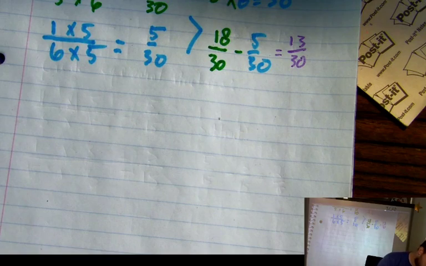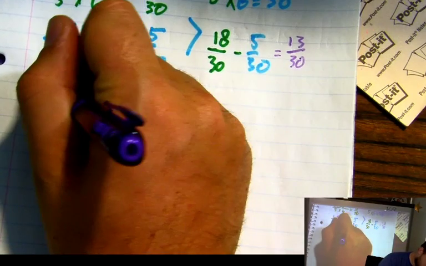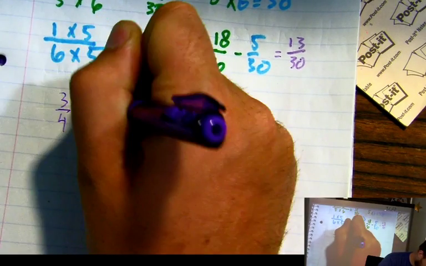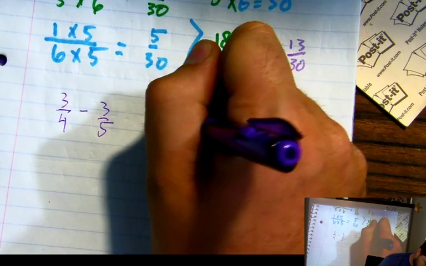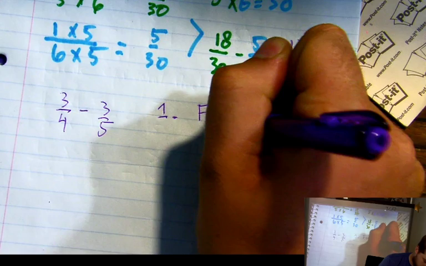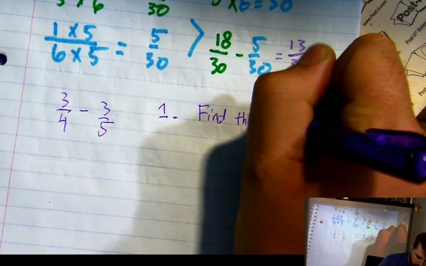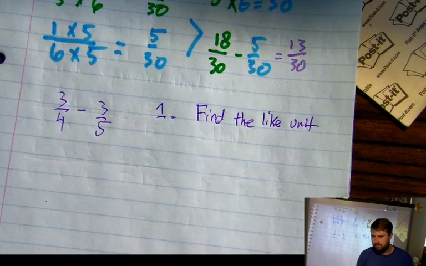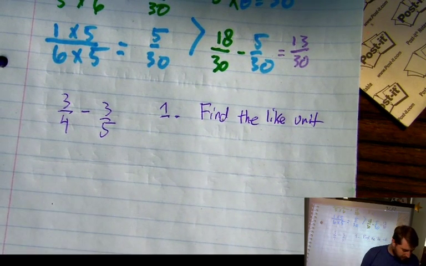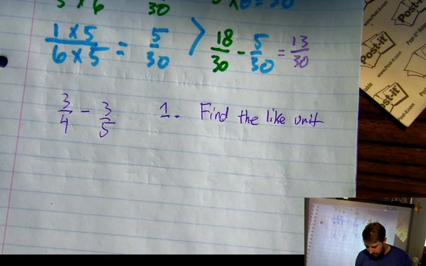So we're going to take on this problem right here, 3/4 minus 3/5. Our first step is going to be to find the like unit. There are two ways that we can do this.